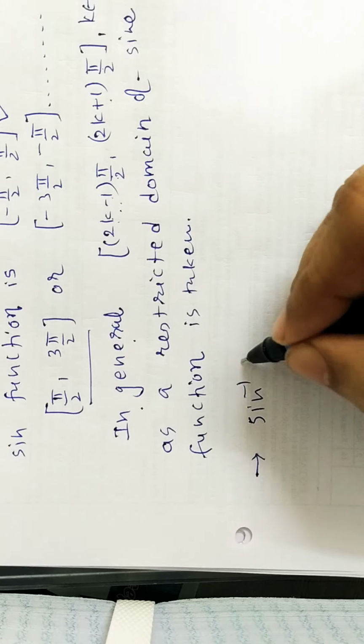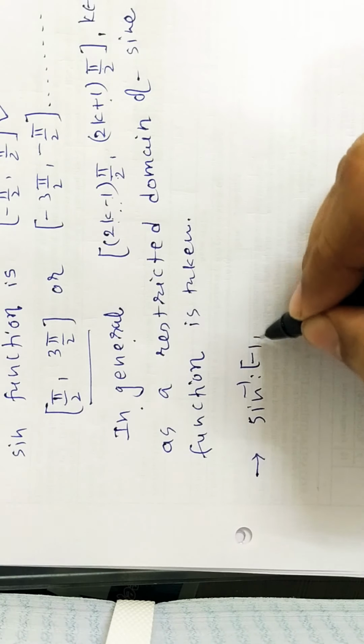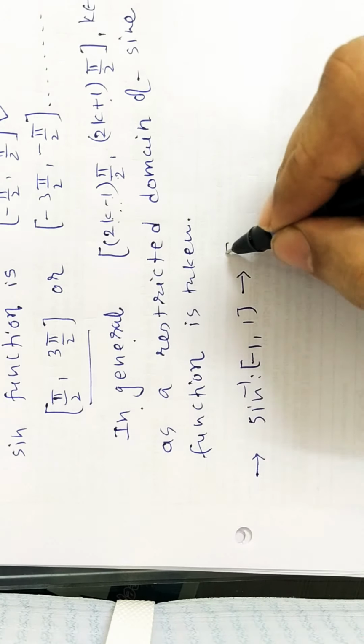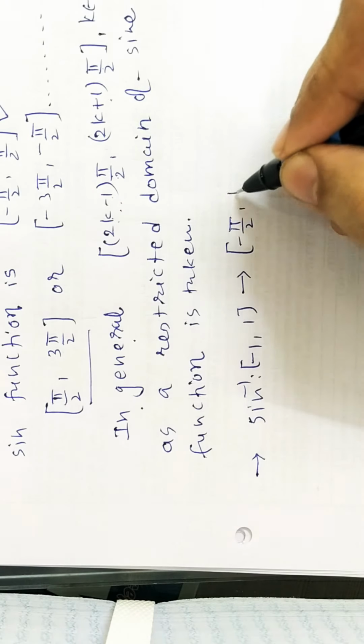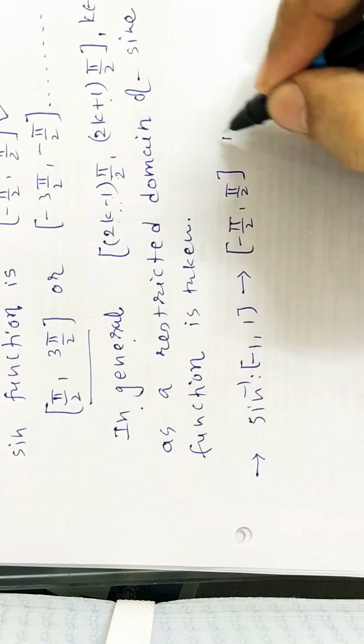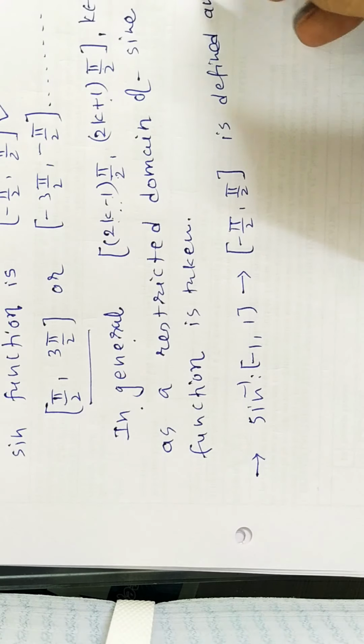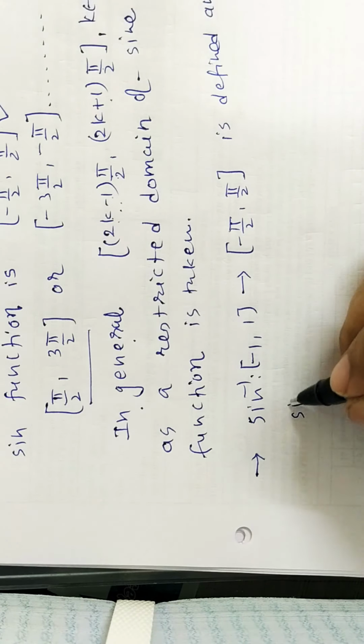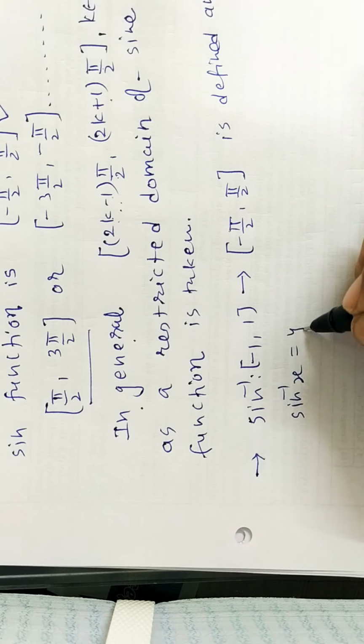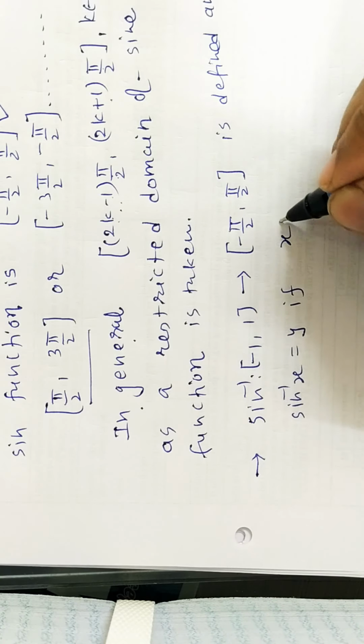Sine inverse from minus 1 to plus 1 to minus pi by 2 to plus pi by 2 is defined, and sine inverse x is equal to y if x is equal to sine y.